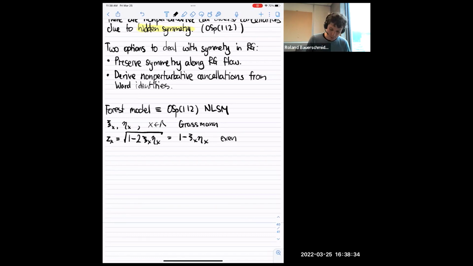So it's commuting. The psi and eta, they're anti-commuting. This one is commuting. And we can formally unite them into a supervector u_x, which has components formally psi_x, eta_x, and z_x.